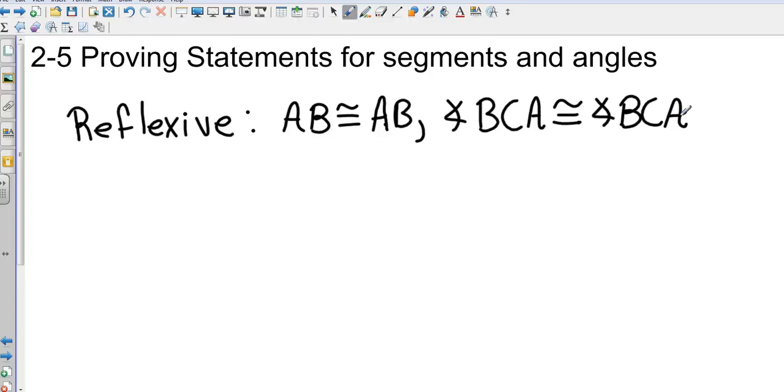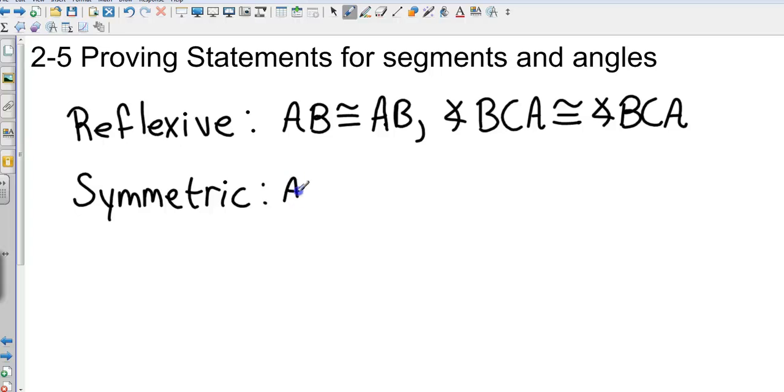Second is going to be symmetric. And the symmetric property has to do with two segments or angles.